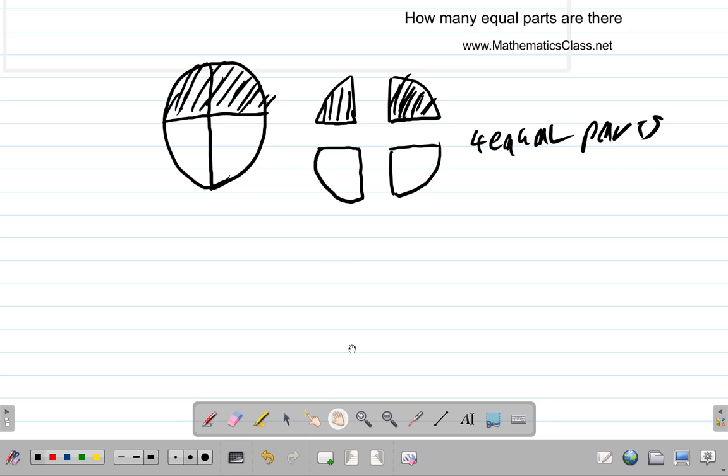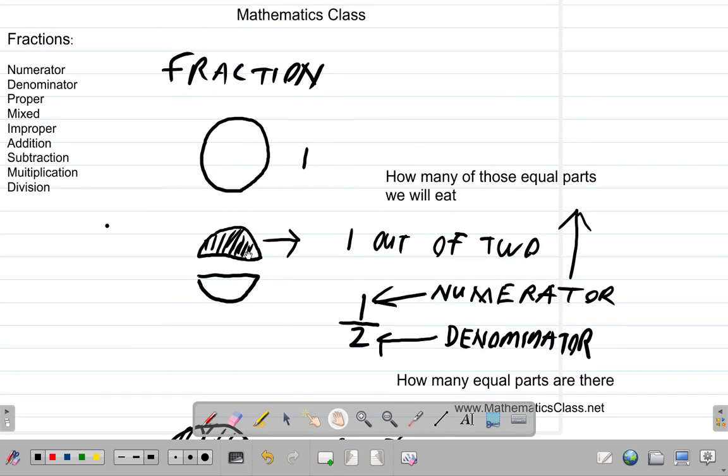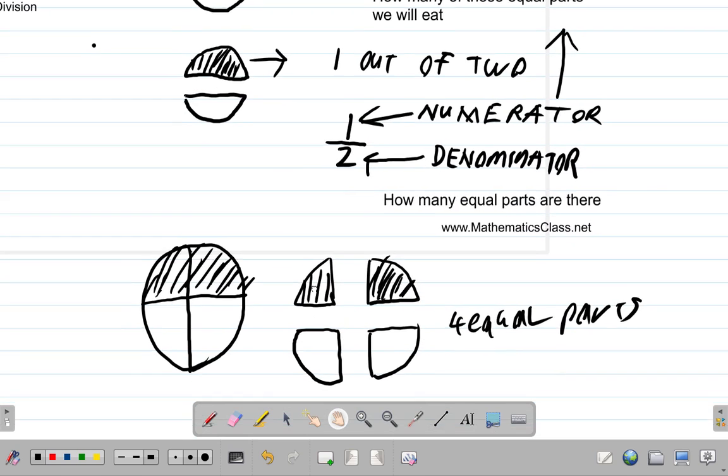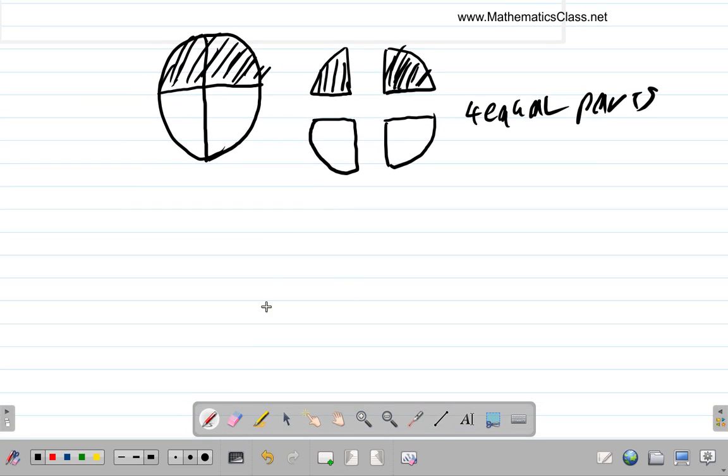You notice it kind of looks like this one. You can see. Now here, you eat 2 out of 4. You see that?